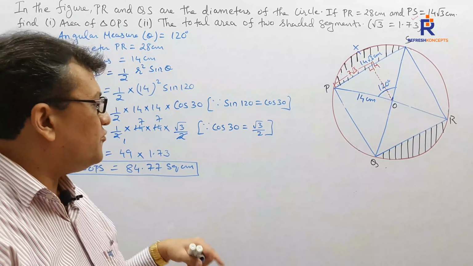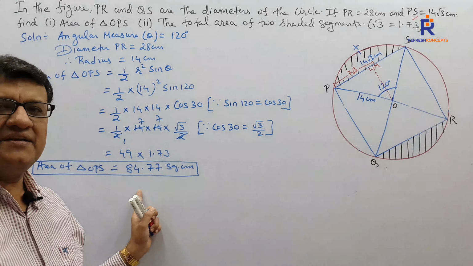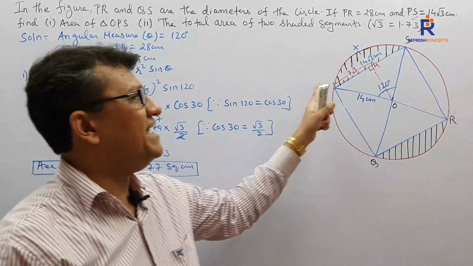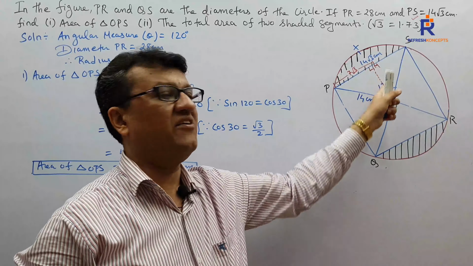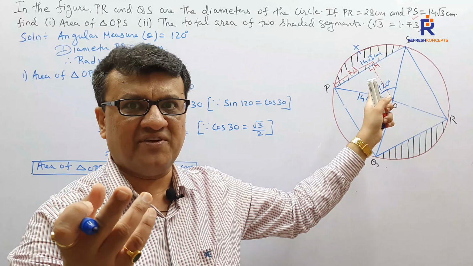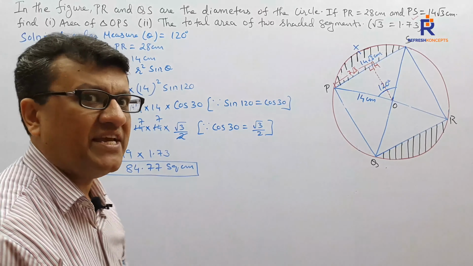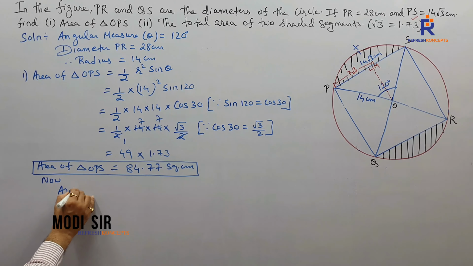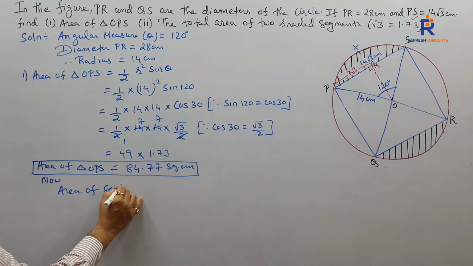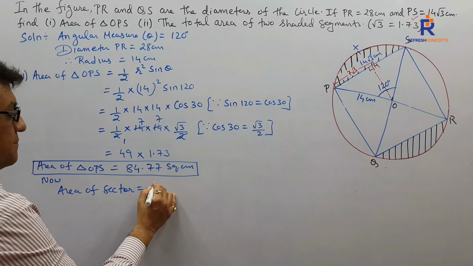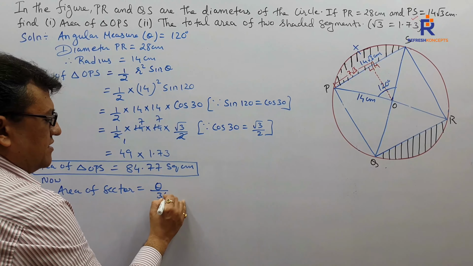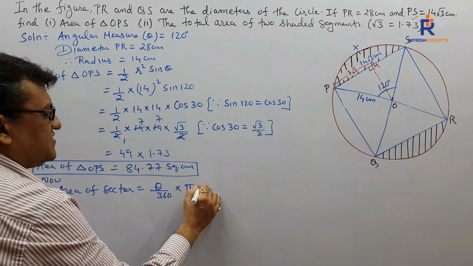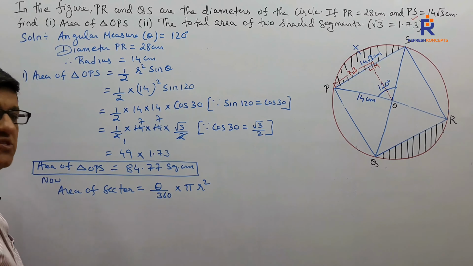But since we have found out the area of the triangle, let me find the area of segment by area of sector minus area of triangle, our basic formula which we have learnt. So what is area of sector? Area of sector is theta by 360 into pi r square.